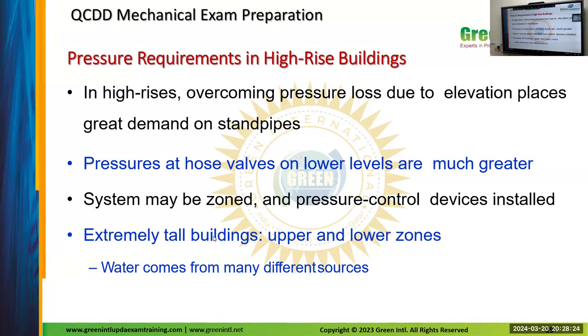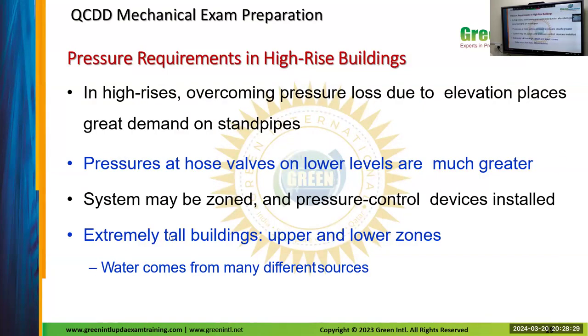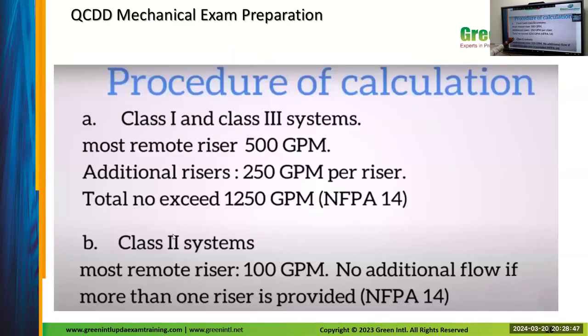Extremely tall buildings have upper and lower zones. This zone control valve goes to the sprinkler branch. From standpipe systems, there will be zone control, NRV, and PRV. After that, branch lines will be there.